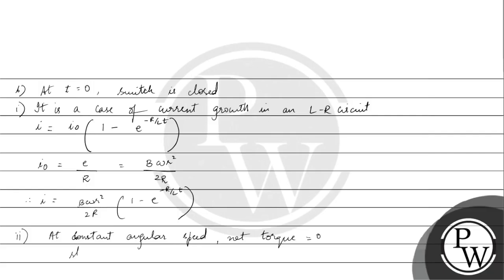So steady state current को हम ये लिख सकते हैं कि I is equal to I naught, which we have seen to be equal to B omega R squared by 2R.